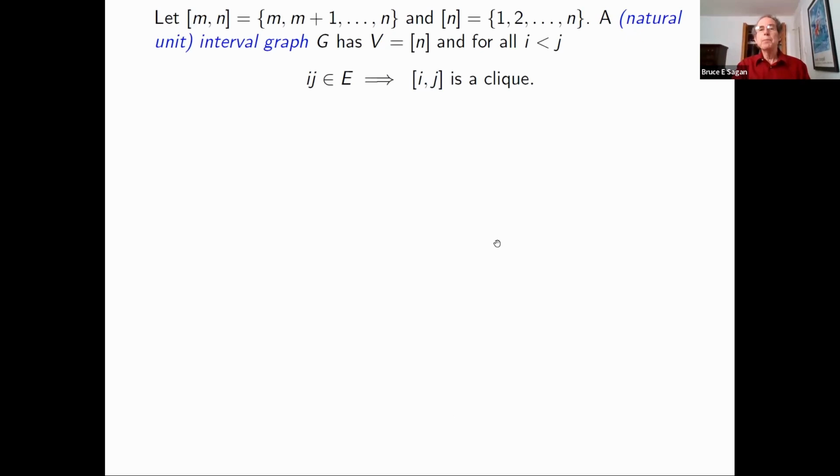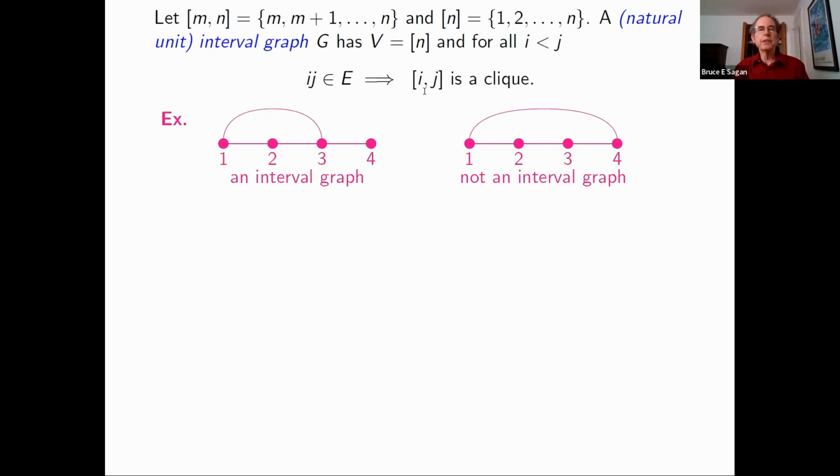If I've got an edge between i and j, where I write the edge in the form where i is smaller than j, that implies that the whole interval from i to j must be a clique. I should also say that there are other types of interval graphs. I'm not going to be talking about them in this lecture, so I'm just going to say interval graph from now on.